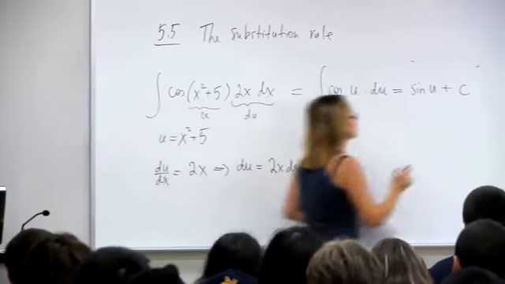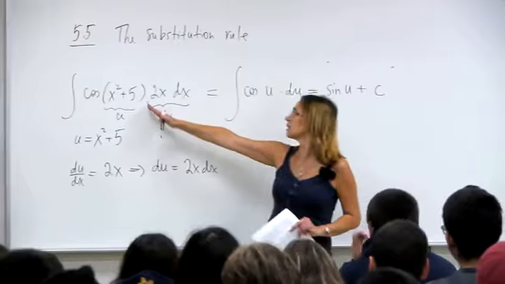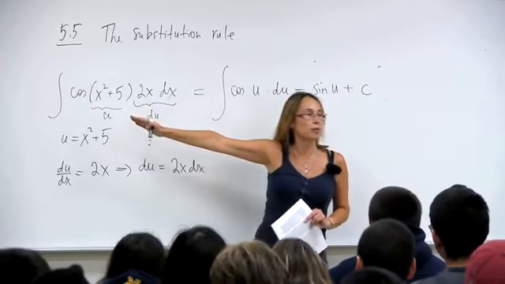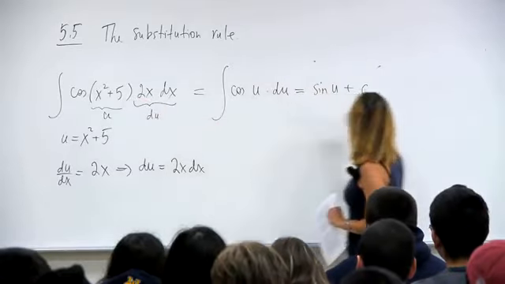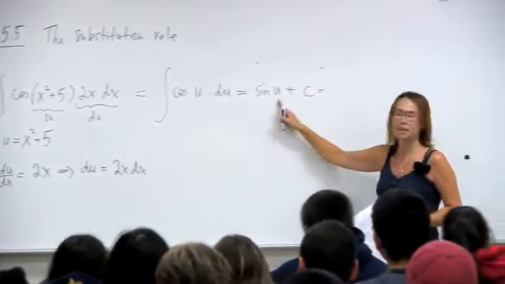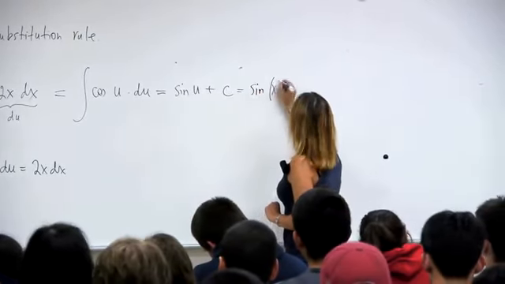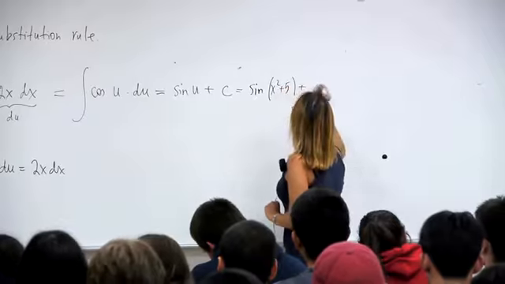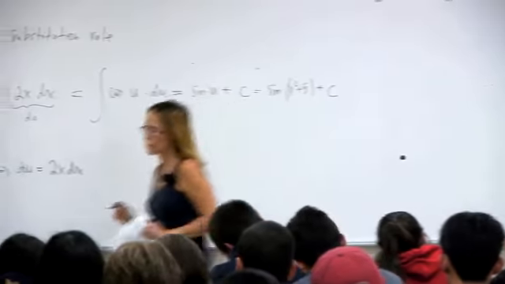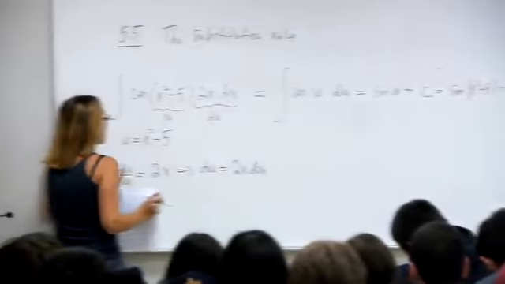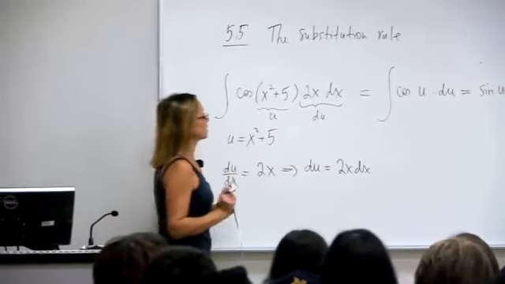The last step here is that if this is an indefinite integral, remember it has to be a function of x. So we have to rewrite this answer in terms of x. So we have sine of x squared plus 5, plus c.